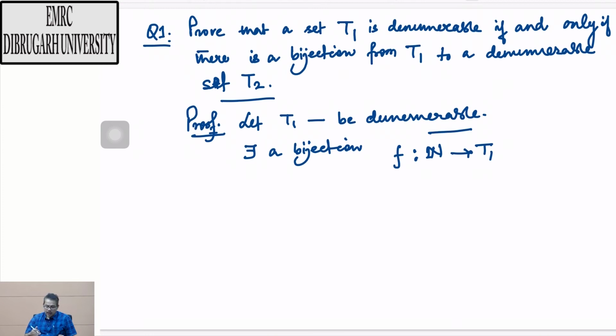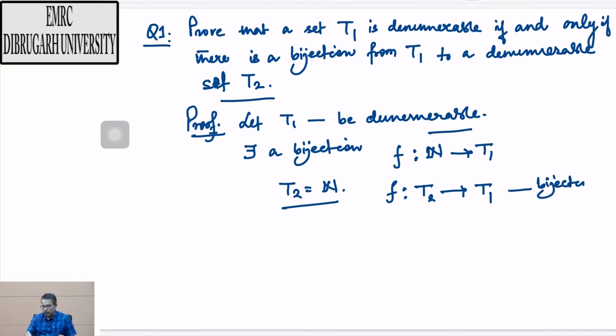Now, we need another denumerable set T2. If I take in particular T2 to be the set of natural numbers N, then f is the required bijection between T1 and T2, and therefore we are done.